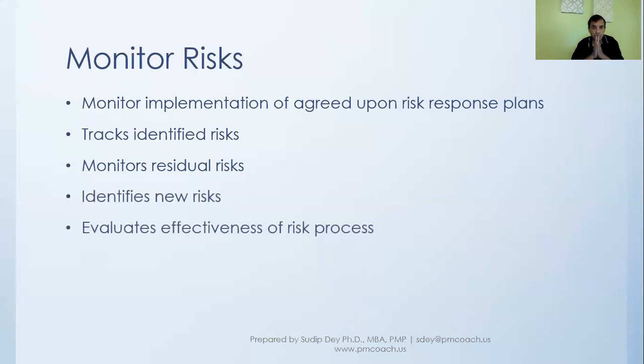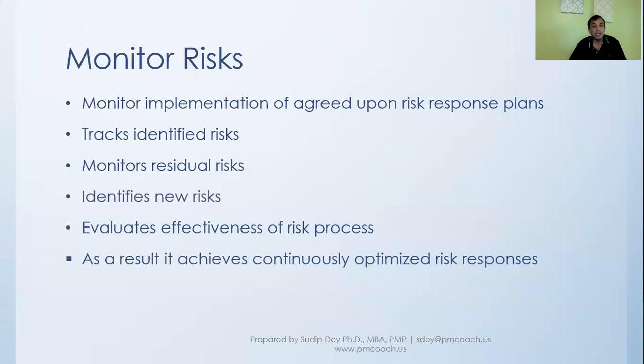And as well, this particular process not only ensures monitoring of each individual risk plan or risk strategy, it also looks at the effectiveness of the risk process as a whole, so that if there is a gap, that risk process can be changed, and the next time this risk methodology is applied, it will be at a higher level.